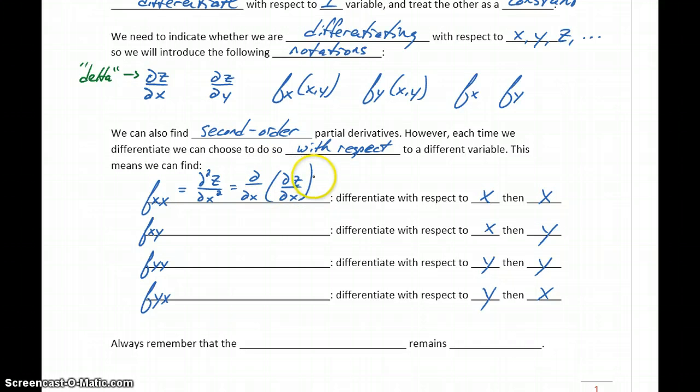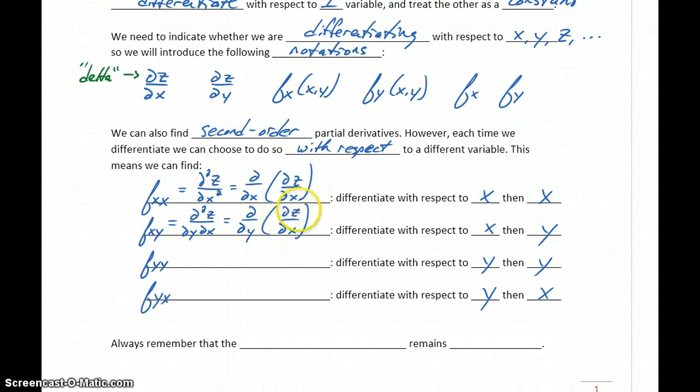So again, we're just taking the derivative of something we've already taken the derivative of. And these same notations would apply for each of these different cases. Delta squared z, and then now this changes since the variable changes. We would write this as delta y, delta x. So we're first taking the derivative with respect to x, then with respect to y. Or we could rewrite that as delta over delta y of delta z over delta x.